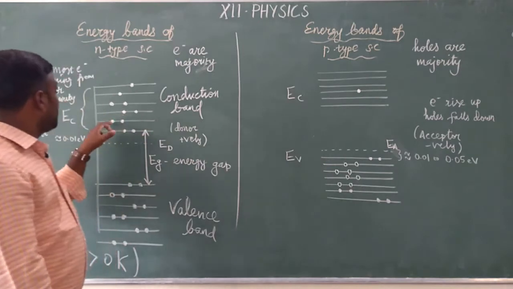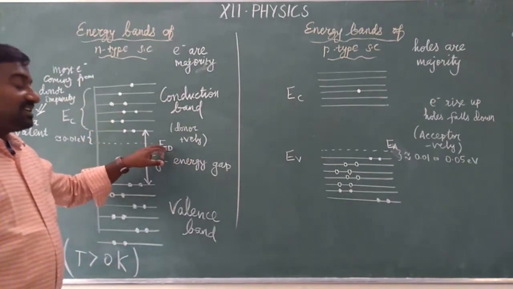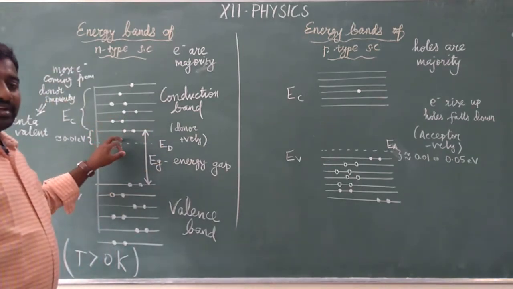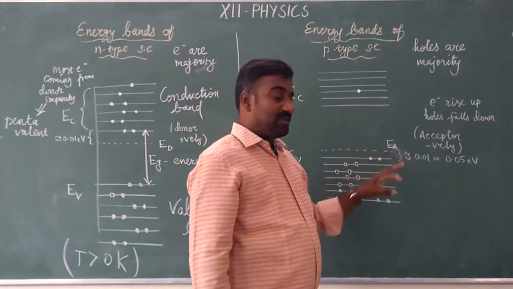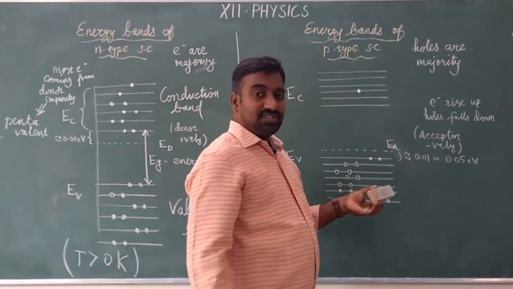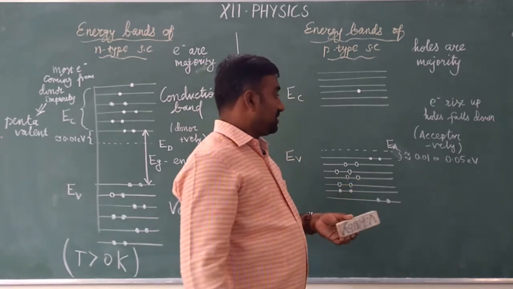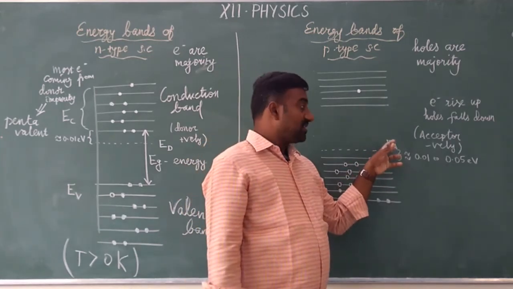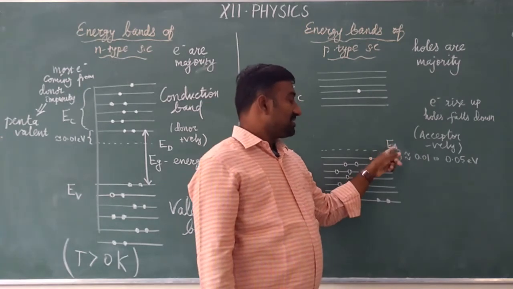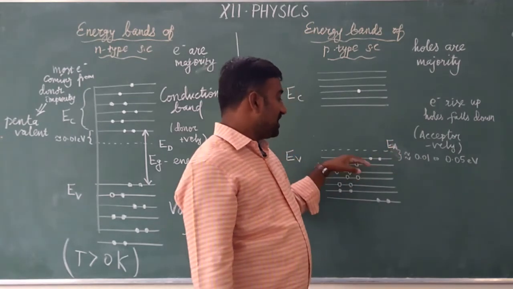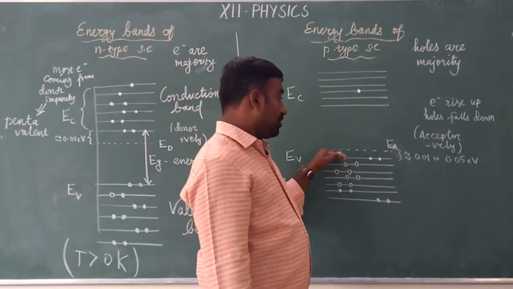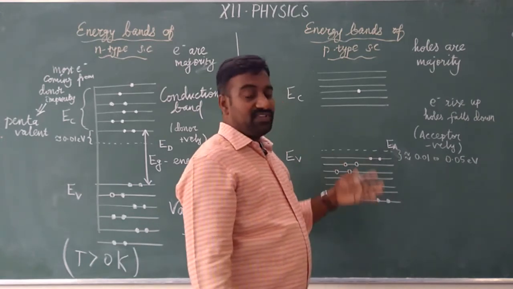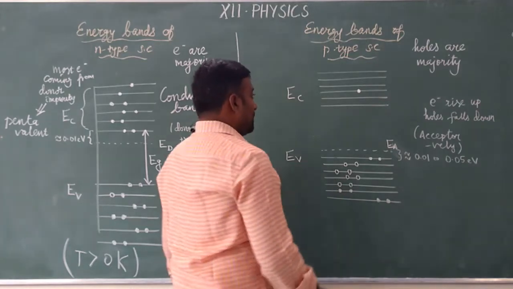In the N-type semiconductor, the donor energy level lies at the bottom of the conduction band, but in the P-type semiconductor the acceptor is always negative because it has vacancies. So the acceptor is negatively charged, and the acceptor energy level lies at the top of the valence band, very close to the valence band.